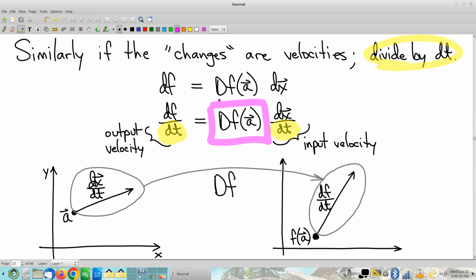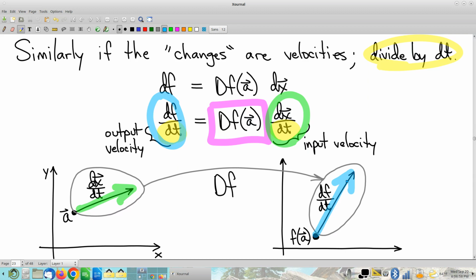Now the derivative matrix is turning a velocity, not how much but how fast, what is my velocity in the domain, into output velocity, the velocity of the image in the target, right?